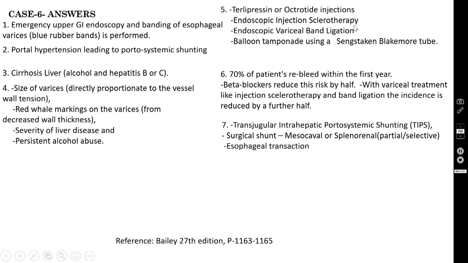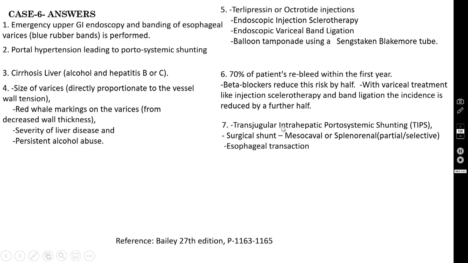If this is also not effective, then you can temporarily stop the bleeding by using a Sengstaken-Blakemore tube. If the pharmacological and endoscopic measures fail, then the balloon tamponade is only temporary. You can use it only for 24 to 48 hours.